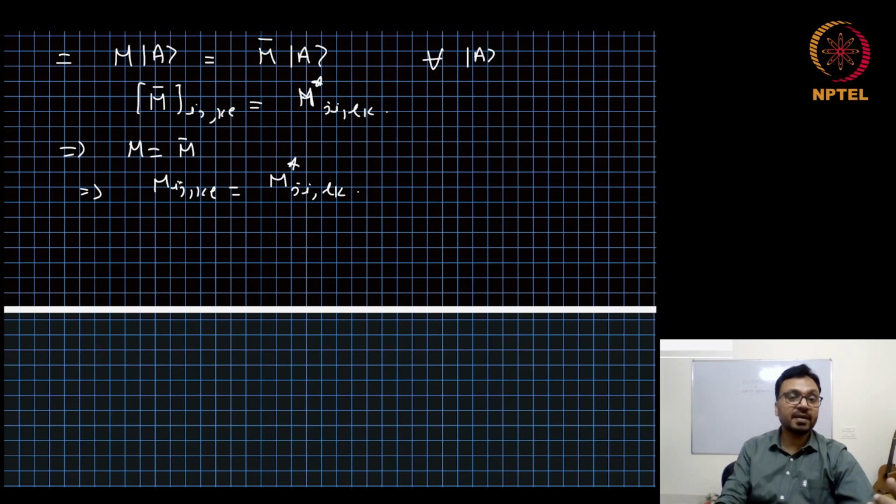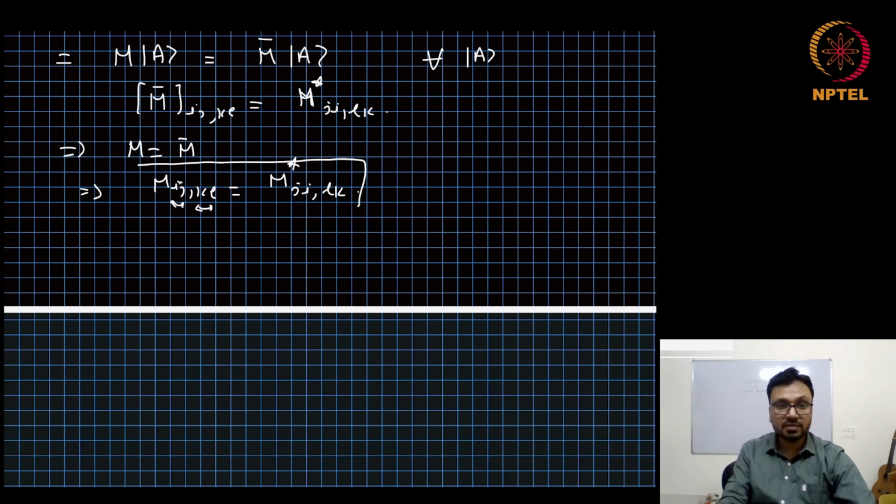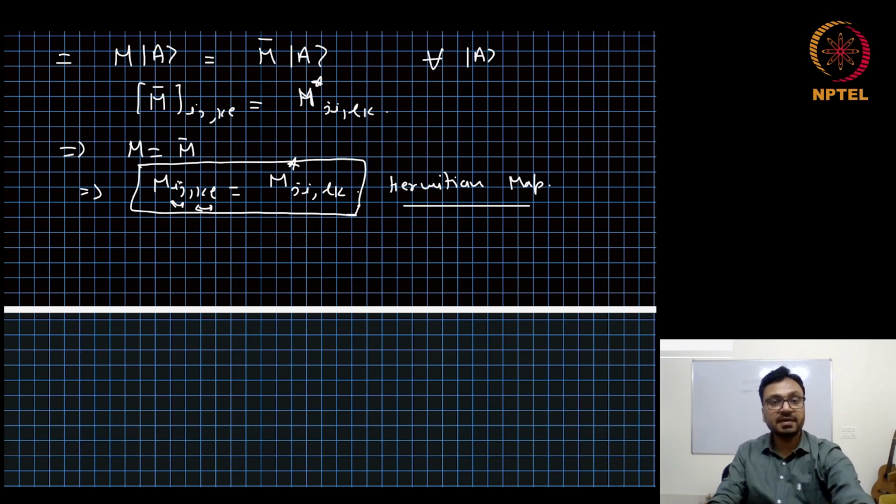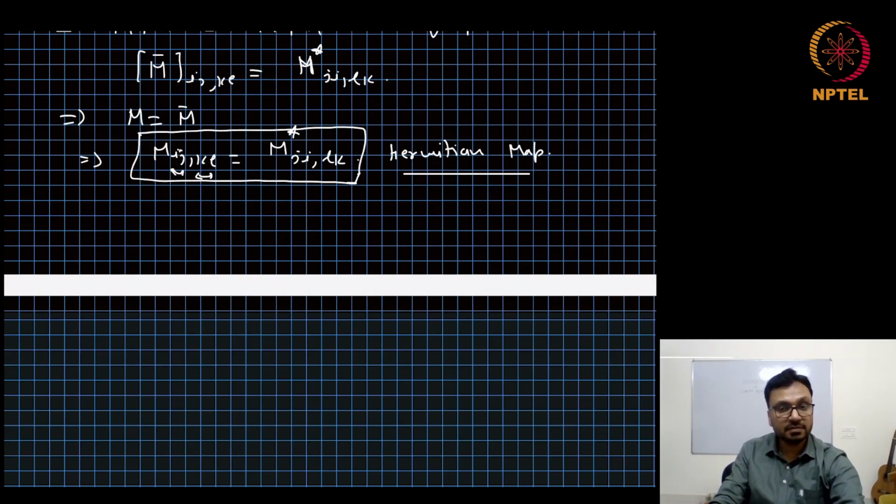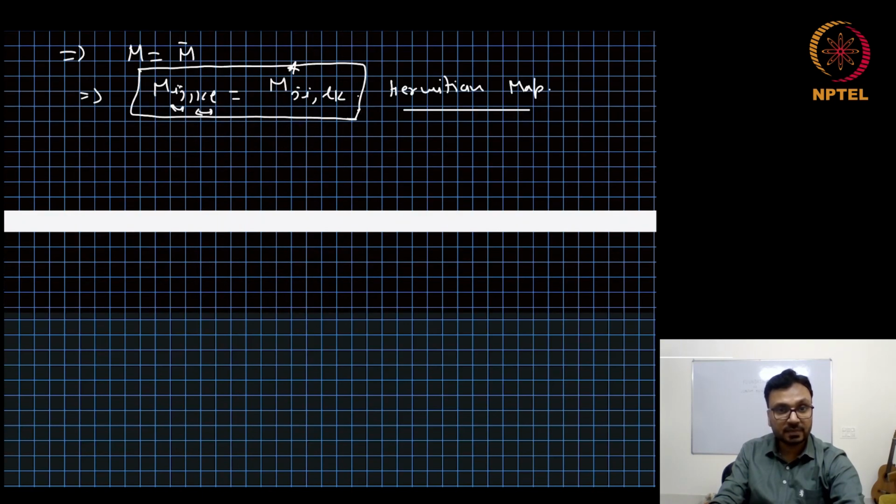If I give you a matrix representation of a map omega and M is a matrix, then we interchange the IJ element and we interchange the KL element and take the complex conjugate, and if these two numbers are the same, then it must be a Hermitian map. So if this condition is met, then we have a Hermiticity preserving map.